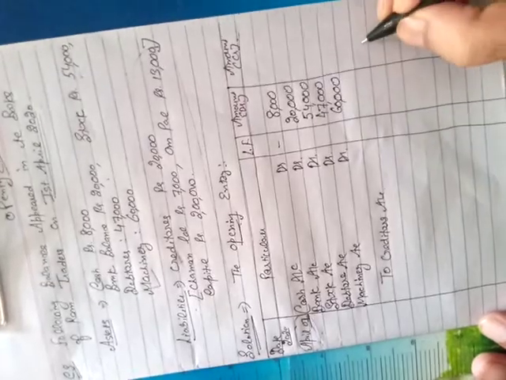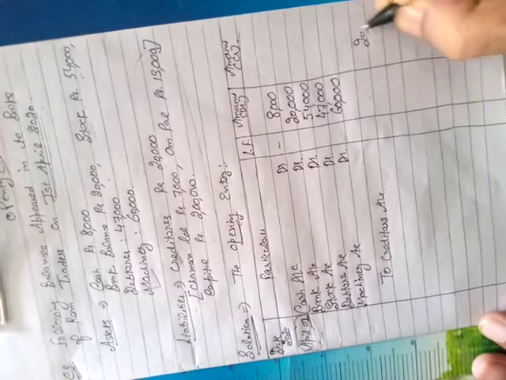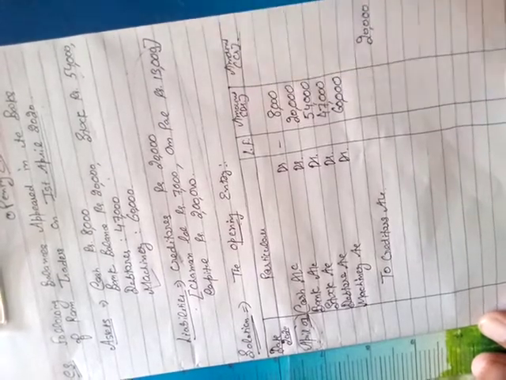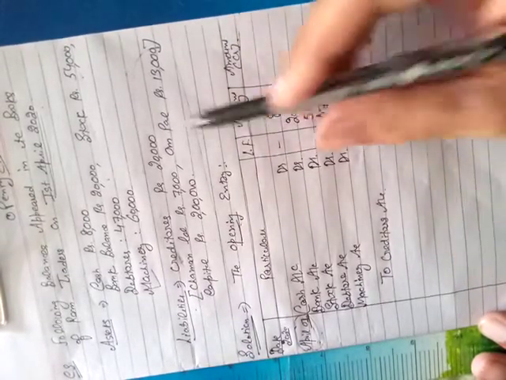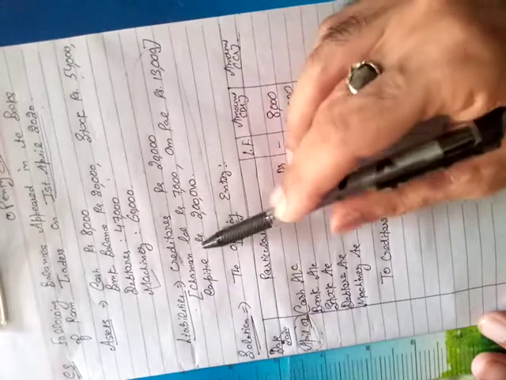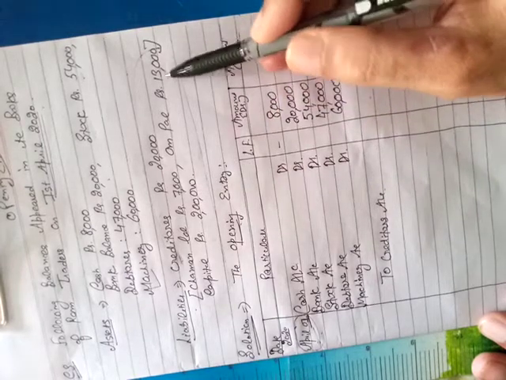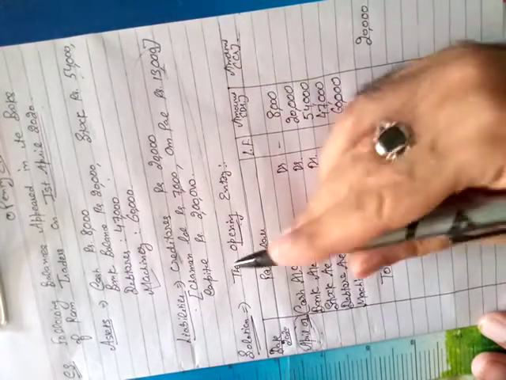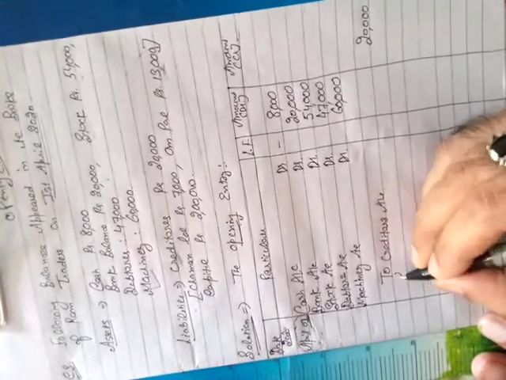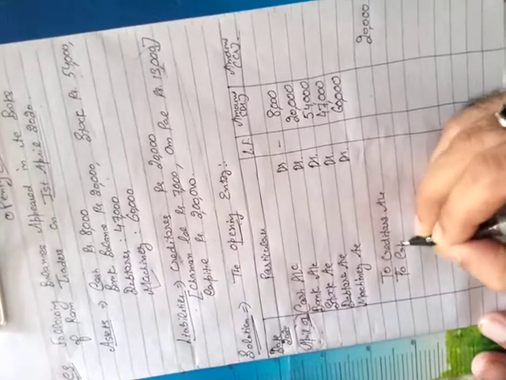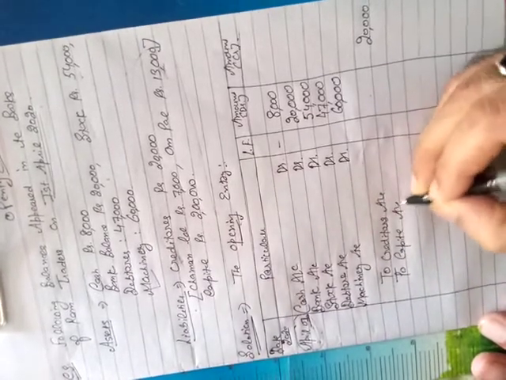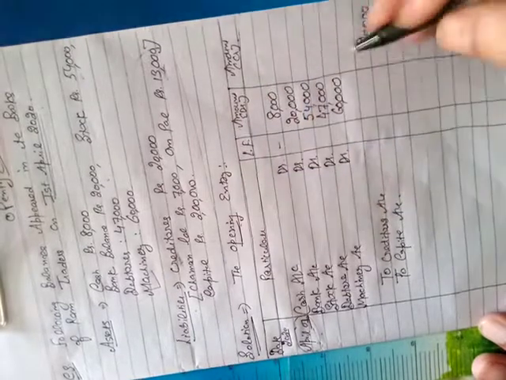The credited amount will be in the credit column. Three creditors are given: Chamanlal 7,000 and 13,000. Next is the capital account, to capital account, 2 lakh.